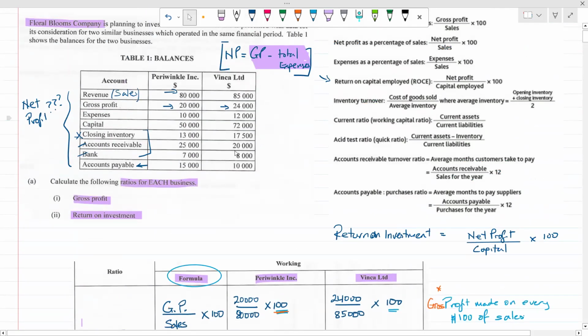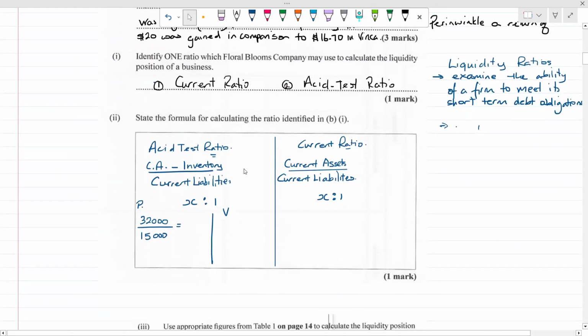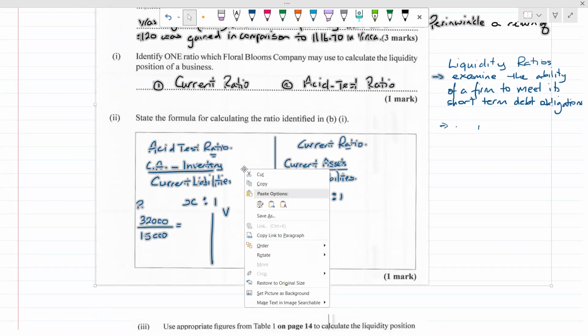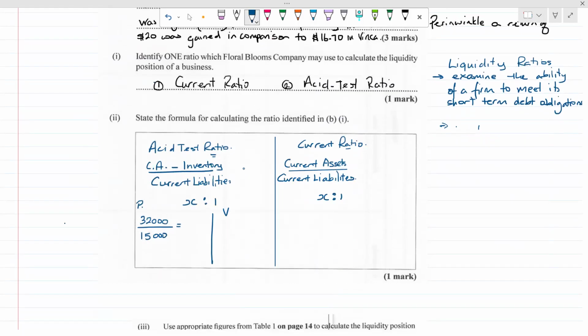Vinca has accounts receivables at 20 and bank at 8 and 10. So 28 over 10. You'll have a figure there for me. 32 over 15, yes, sir. What we have for this one. So I got 2.12.